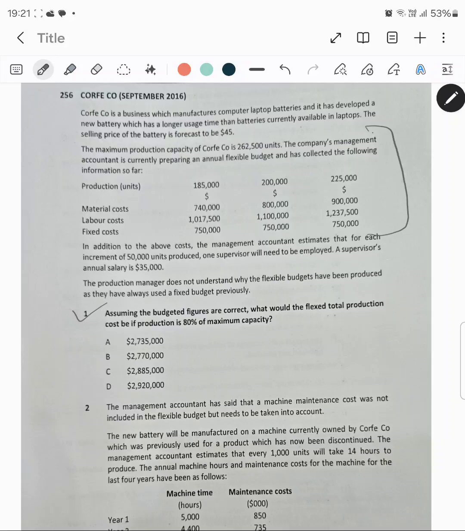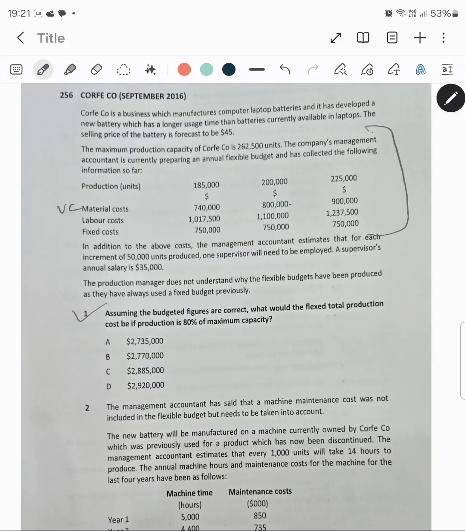But before that, my first step is to see which of the expenses are semi-variable. If I divide 7 lakh 40 by 185,000, it's coming 4. In 2 lakh also it's 4, and for 2,25,000, yes, the material cost is 4. So this is variable cost.